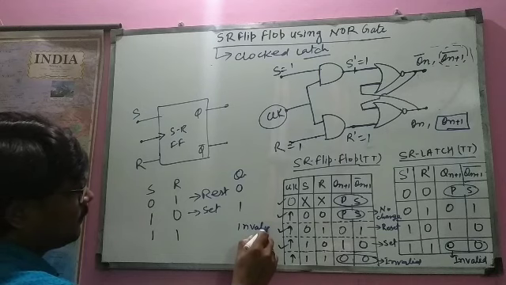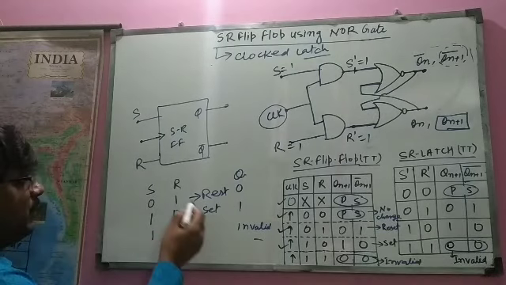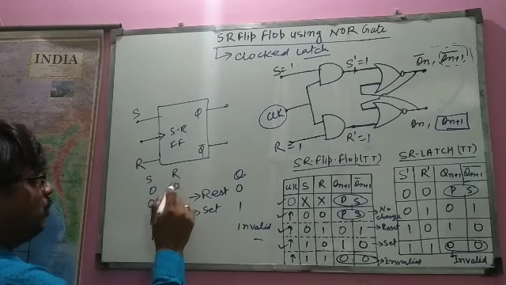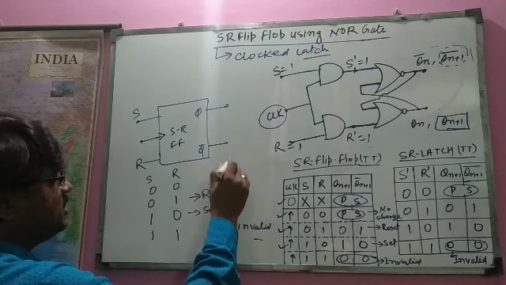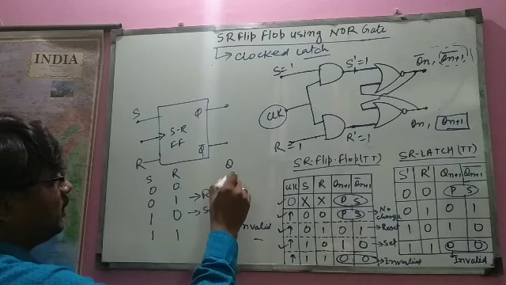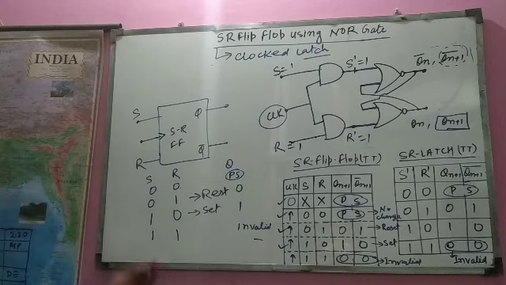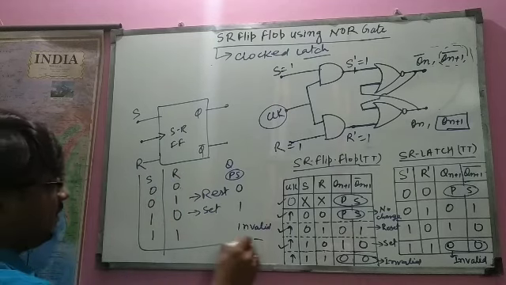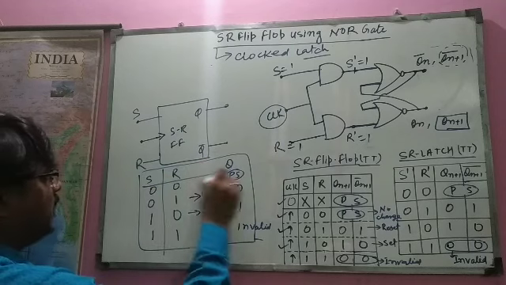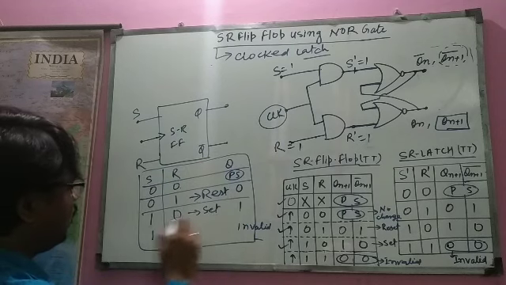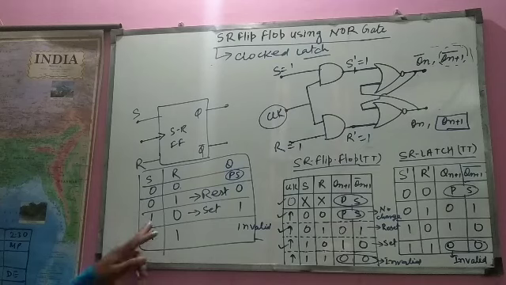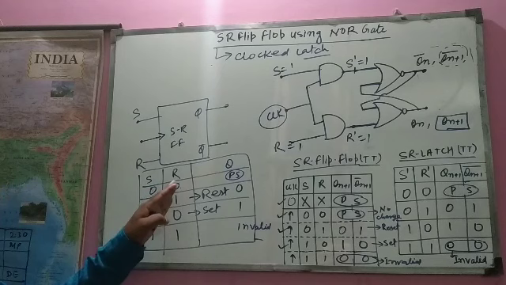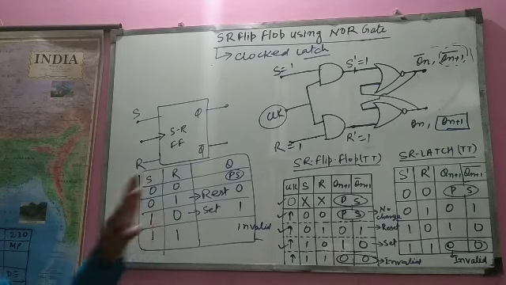One more thing, when both S and R are 0 0, there will be no change in the output and it will remain in the previous state. This is very simple to learn, or you can memorize it. If S and R are 0 0, the output will remain in the previous state.